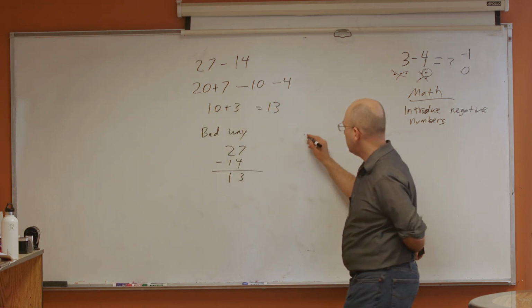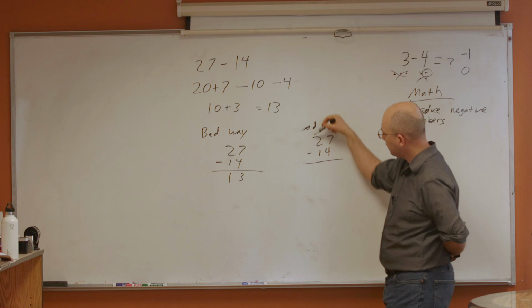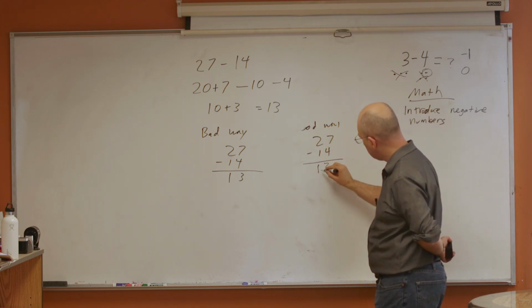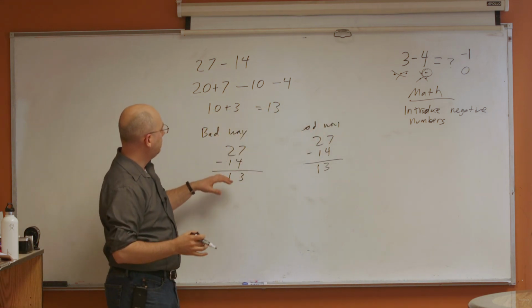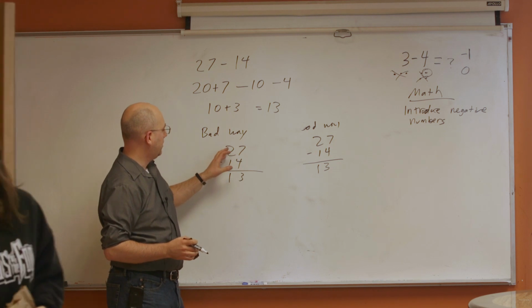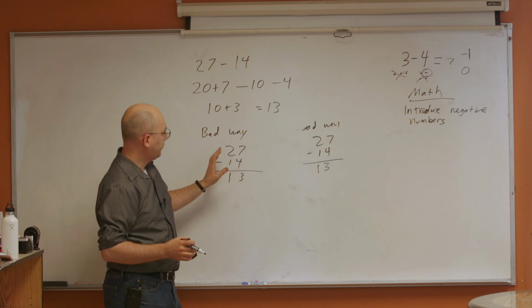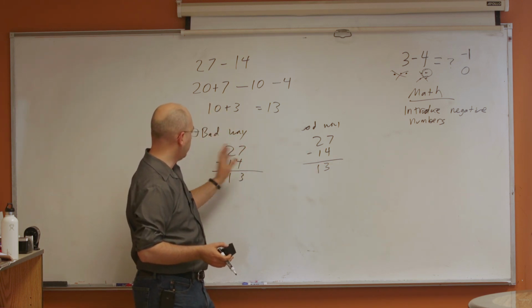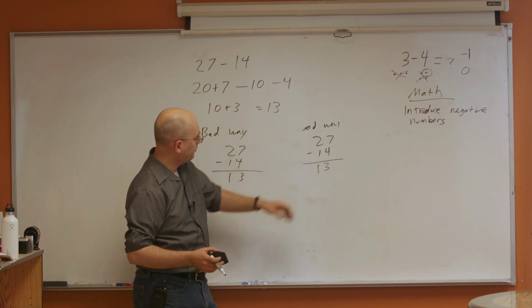And the good way, in this case, on the board, you wouldn't notice a difference. It's only through time and motion. 2 minus 1 is 1. 7 minus 4 is 3. Okay. So when you don't have to grab a 10 from the other side, starting from the left is just as easy or hard as starting from the right, but you want to start from the left because you get the right size.